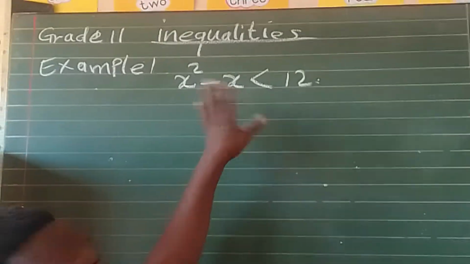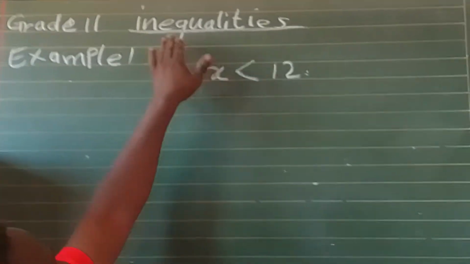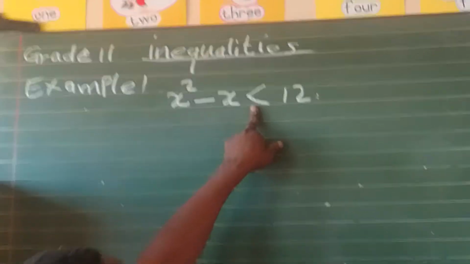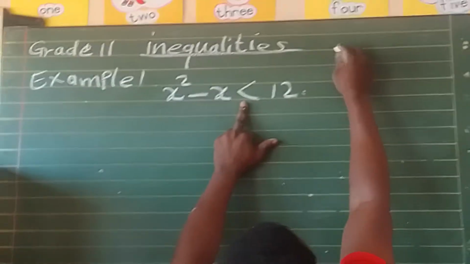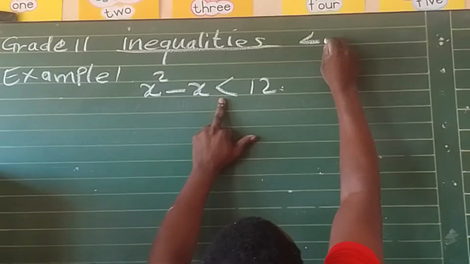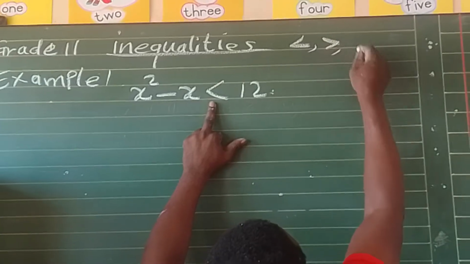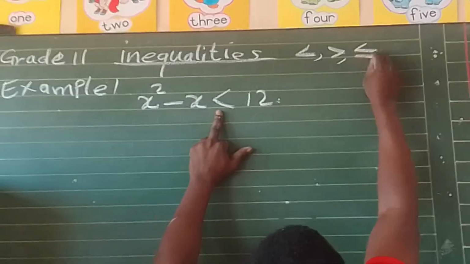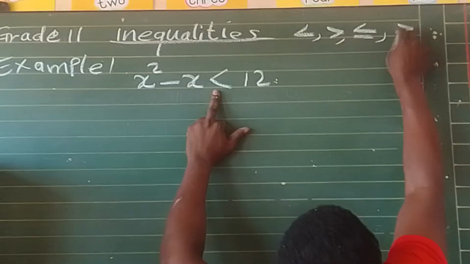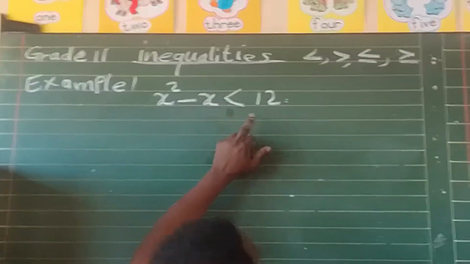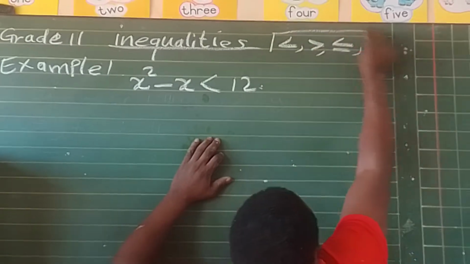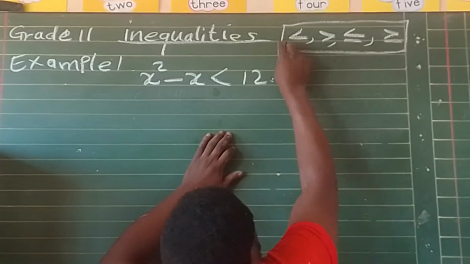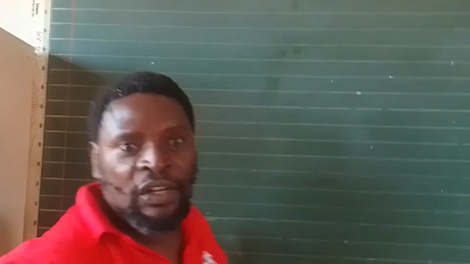Right, here they want you to solve for x, but in the way of inequalities. Inequalities is when you have less than, greater than, less or equals to, greater or equals to. These are the four signs that give us inequalities.